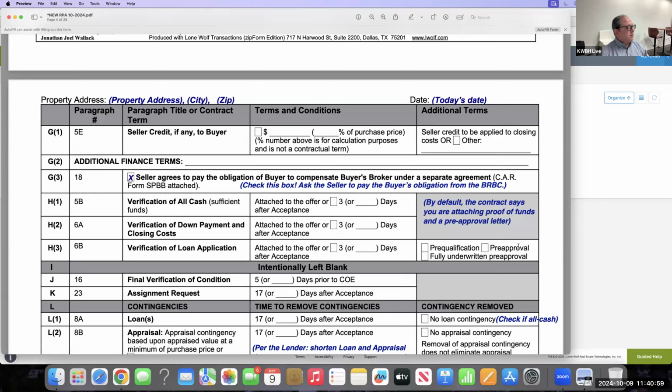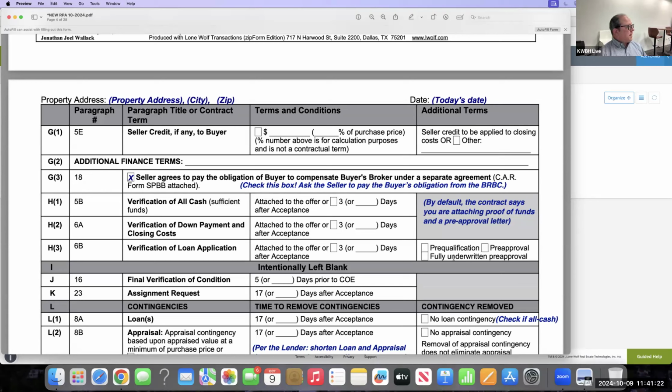A fully underwritten pre-approval means all that information was given to the underwriting department, and the underwriting department reviewed everything and fully approved the buyer. The only thing that needs to be approved now is the property itself. Appraisal, right?